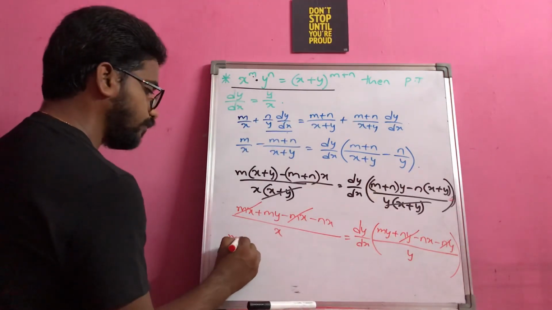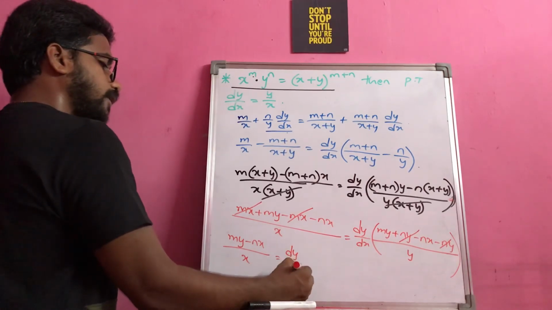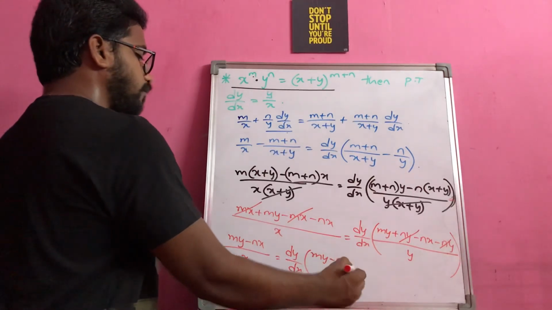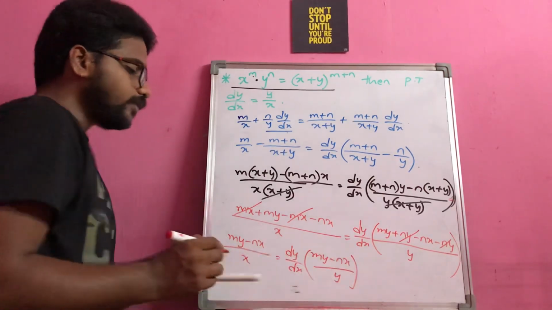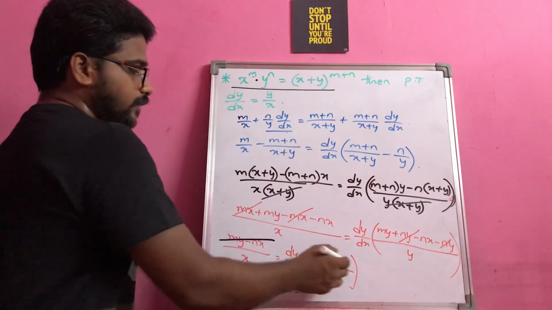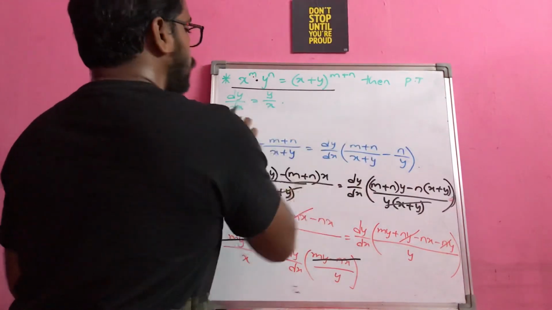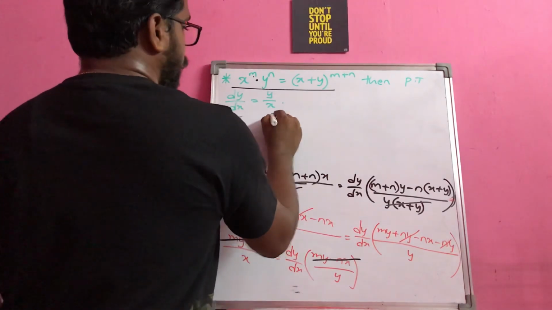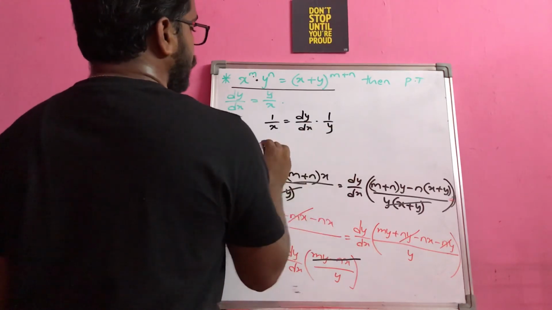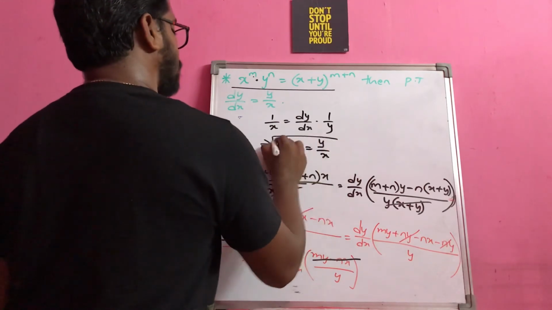So finally you are left with my minus nx by x is equal to dy by dx into, here also if you observe the left out terms, you will be getting my minus nx by y. You can observe here, on both sides, my minus nx is in the numerator, so both can get cancelled out. So finally, whatever is left out, you are having 1 by x is equal to dy by dx into 1 by y. So from this, dy by dx is equal to y by x.